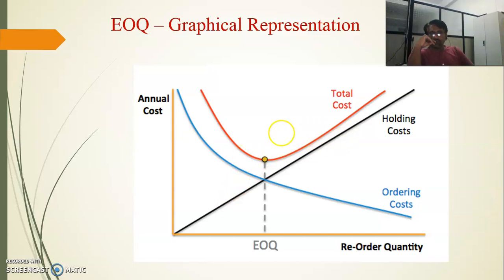So intersection of these two lines and this point, so this line will represent the economy order quantity.